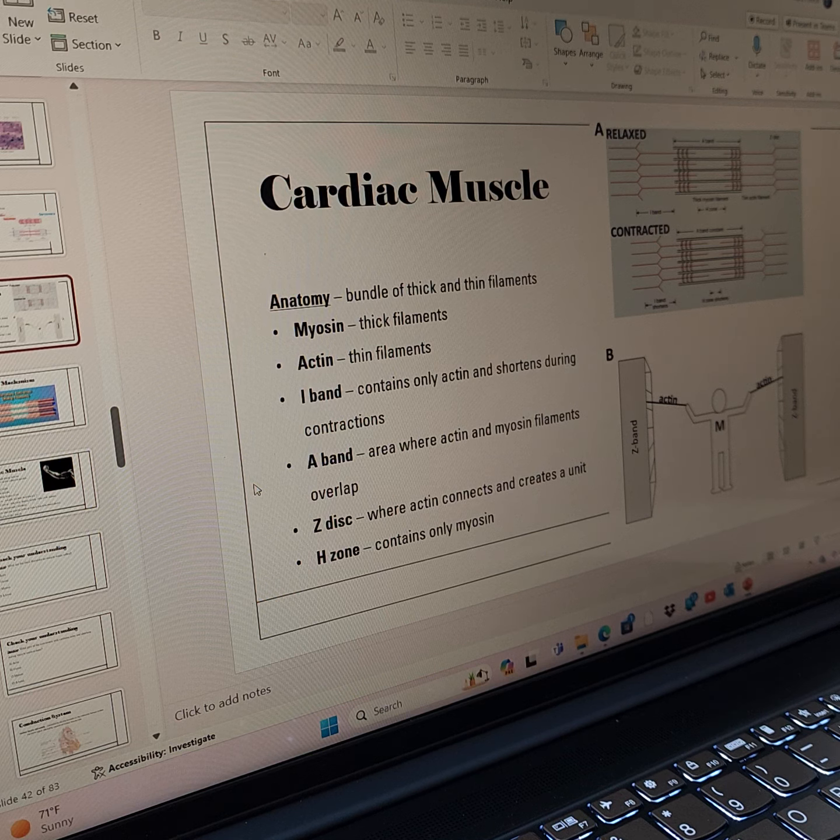So if you can remember this picture in your mind, it will give you a map of the image that you want to go through for the sarcomere construction. So the Z bands would be the outside walls, actin being the resistance bands, and then the myosin, the thick filaments, being the body trying to hold up the walls.